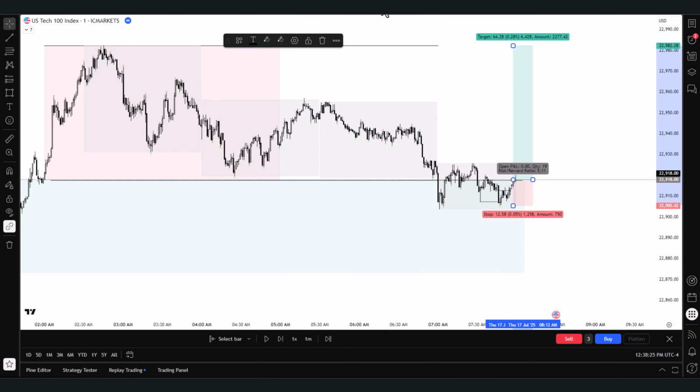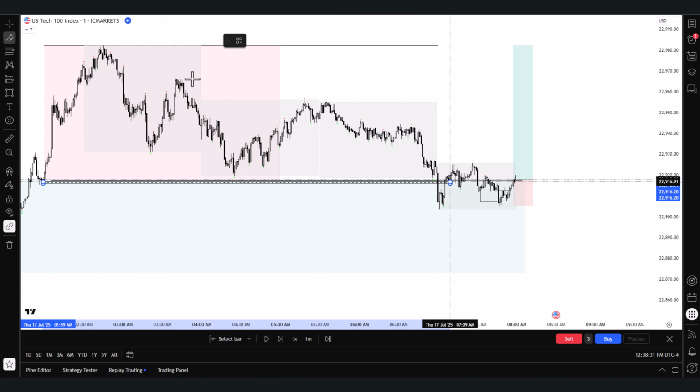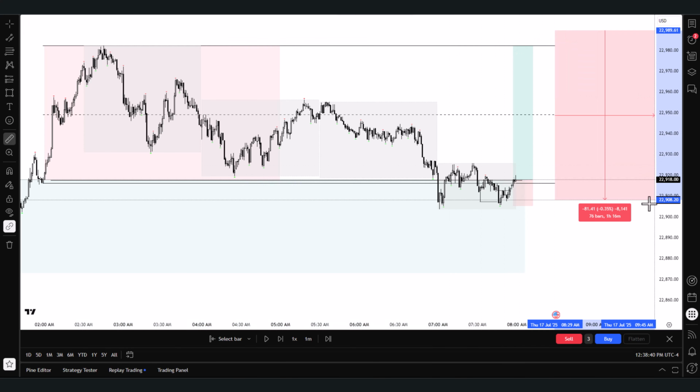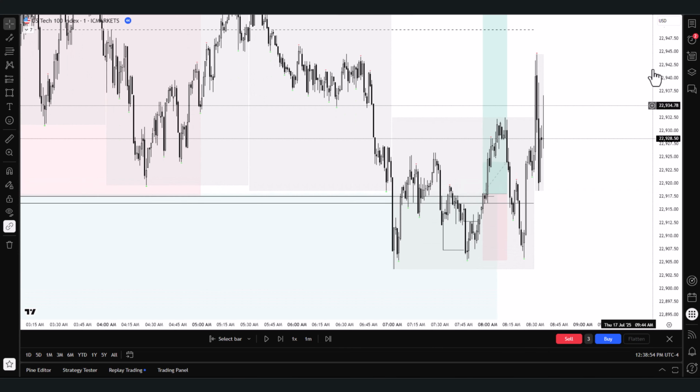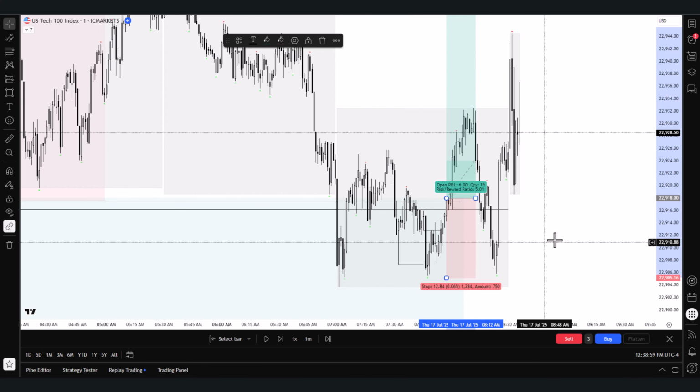Break even. As I'm targeting the London side, our break even will be on this point, this 50% level of the London session. Let's see. I made a mistake here.